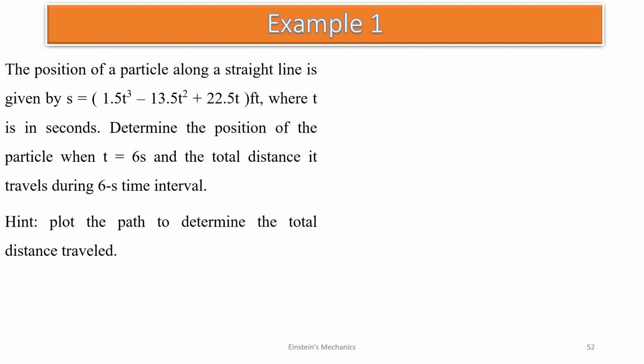We are to determine the position of the particle when t is equal to 6 seconds, and the total distance it traveled during the 6 seconds interval. There's a hint here that we should plot the paths to determine the total distance traveled. Are we okay? So, straight away, let's get into the action of solving.